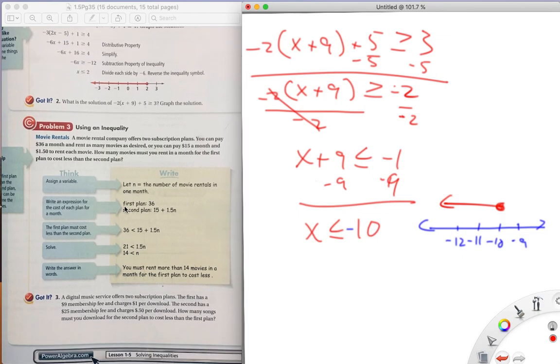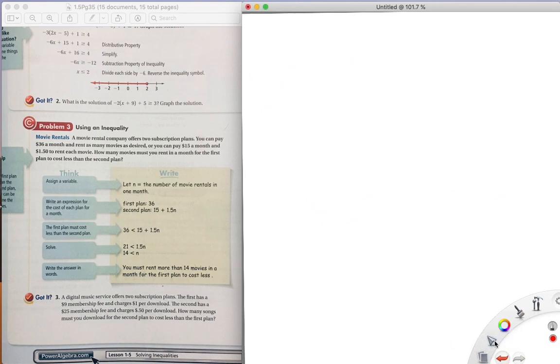Alright. A digital music service offers 2 subscription plans. The first has a $9 membership fee and charges $1 per download. The second has a $25 membership fee and charges 50 cents per download. How many songs must you download for the second plan to cost less than the first plan? The first plan offers a $9 membership fee and $1 per download.